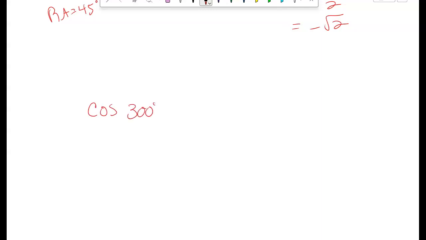Cosine of 300 degrees. Did I do that one already? I feel like I did. But oh well, just do it anyway, because you're going to see it again in your life. Almost. You have a thing against negative signs and positive signs in the right quadrants.